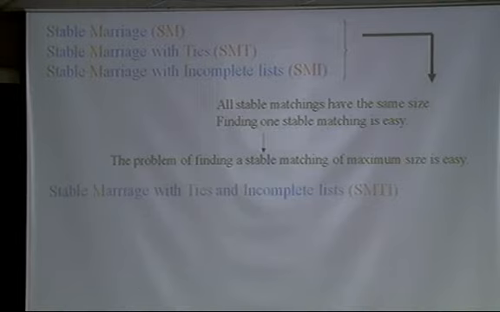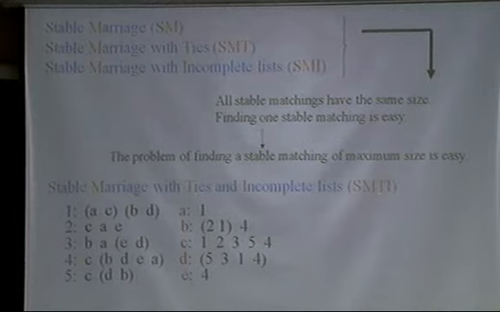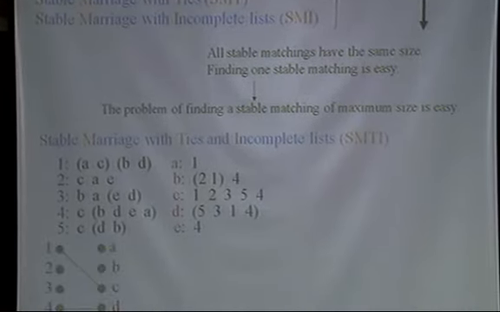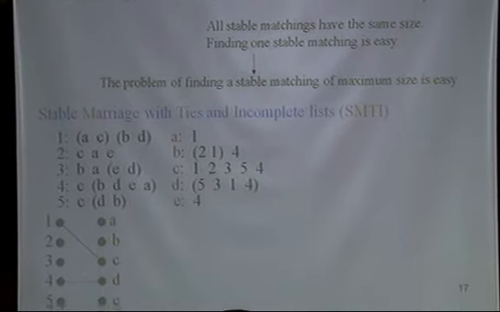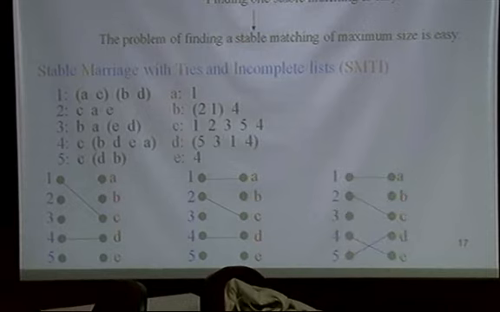And what happens if we allow both ties and incomplete lists at the same time? This is an example of the problem SMTI. For this problem, this matching of size 2, this matching of size 3, and this matching of size 4 are all stable.